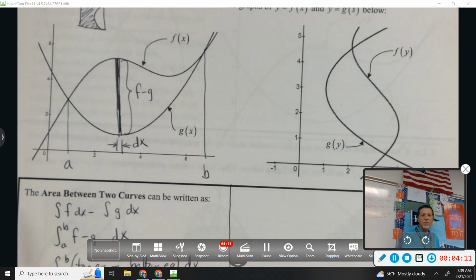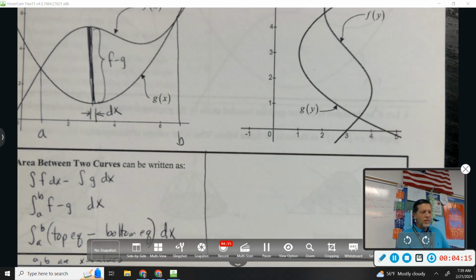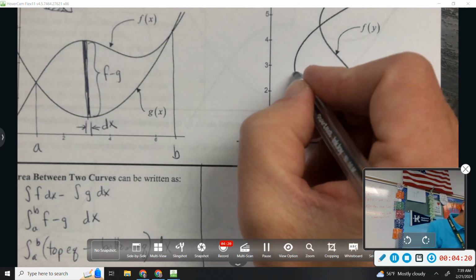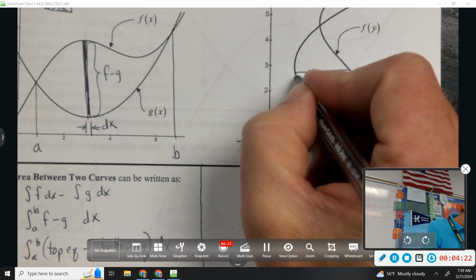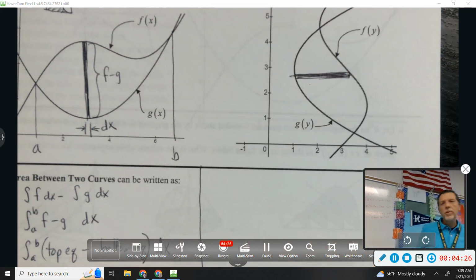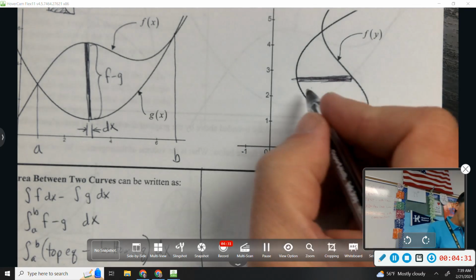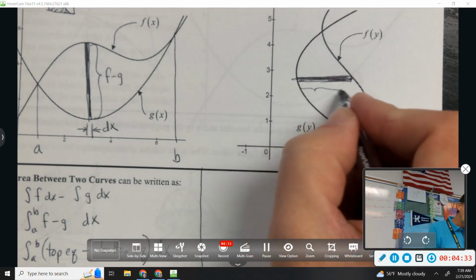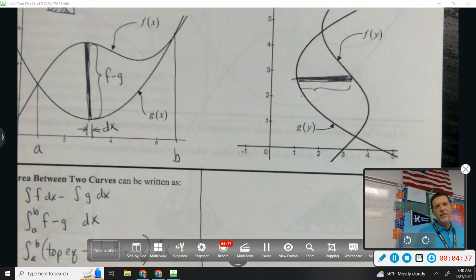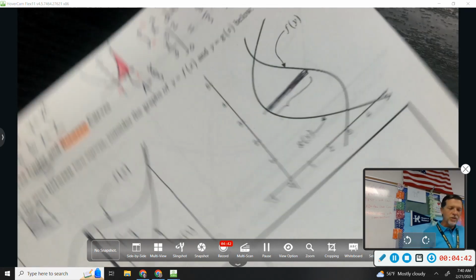Top minus bottom dx. If we want to get a little bit crazy, we can go with a sideways looking problem. So we can draw a rectangle in there. The height of that rectangle is F minus G. You're going to have to either turn your head or turn your paper maybe to visualize what's going on here.